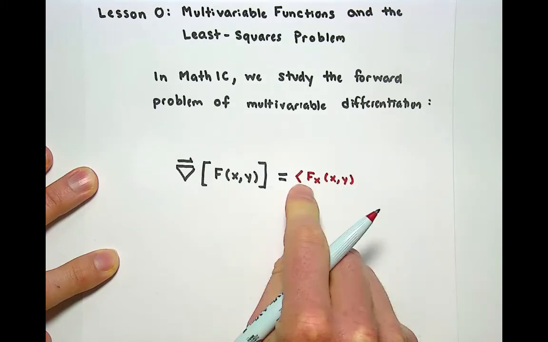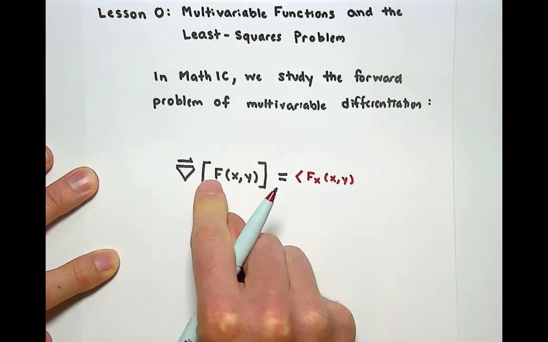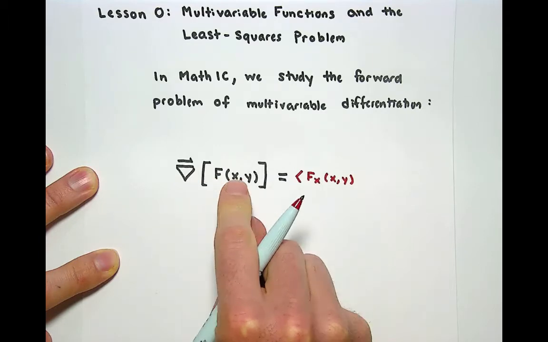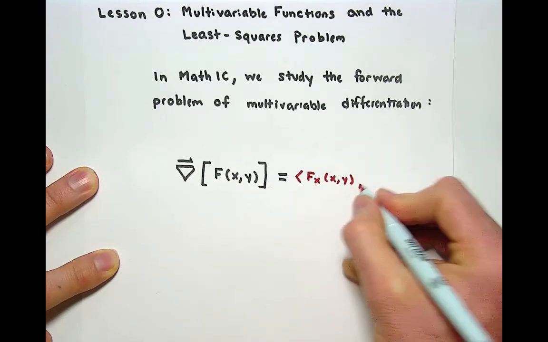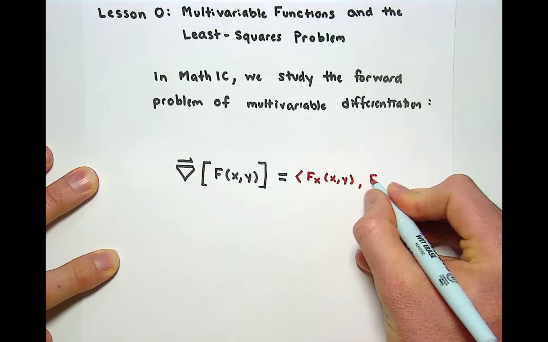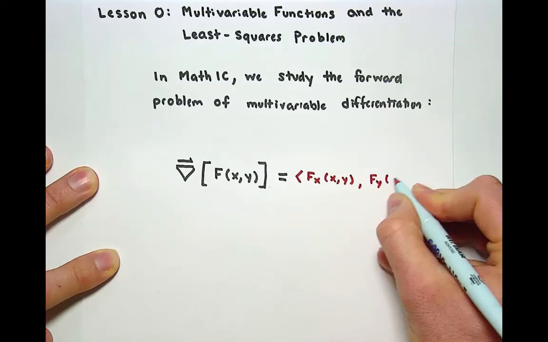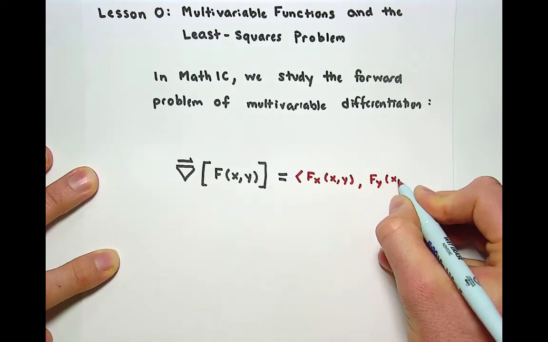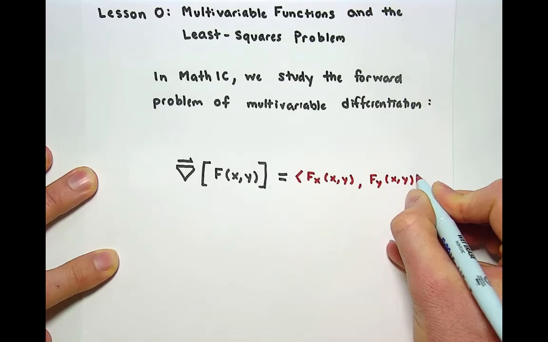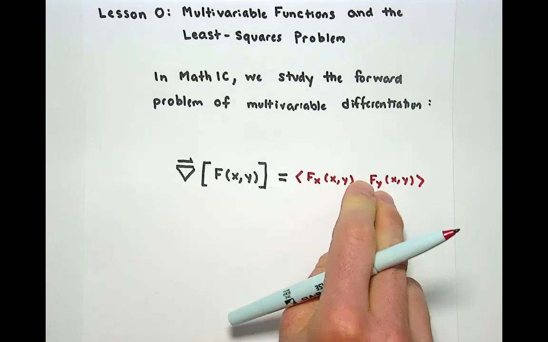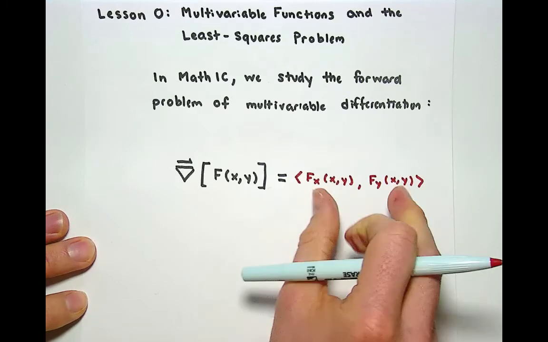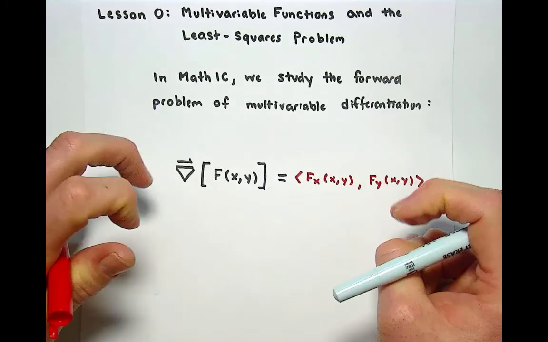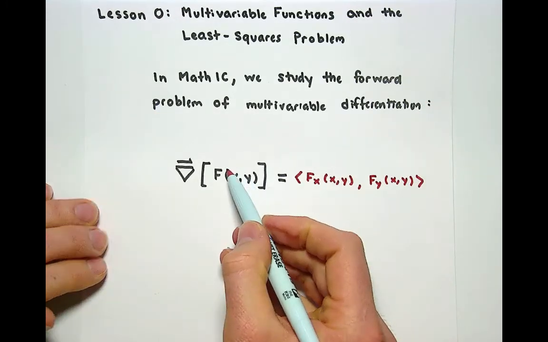It will have the partial derivative of capital F with respect to the first variable x, and the partial derivative of capital F with respect to the second variable y. These two partial derivatives will compose together the derivative of this multivariable function, the gradient.